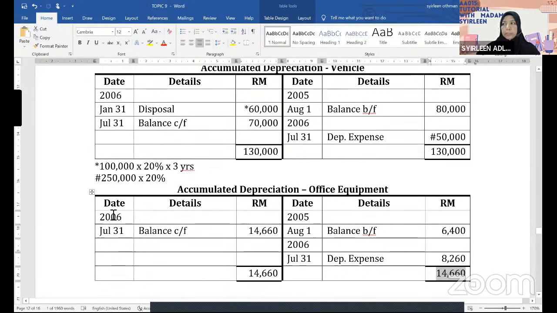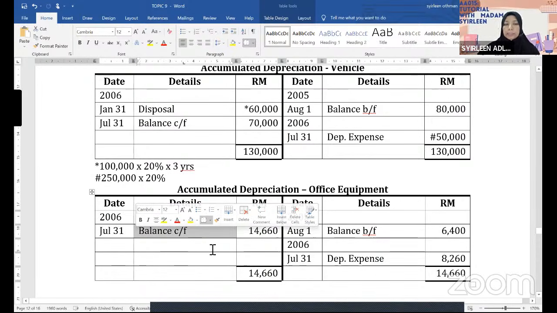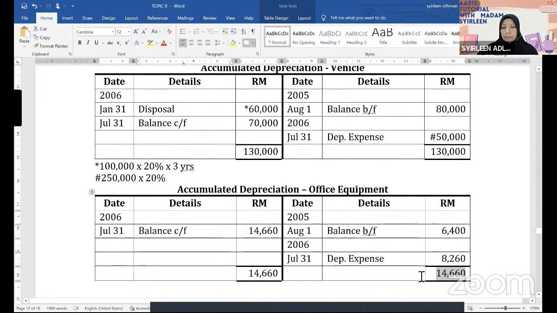Sebelah debit actually tak ada apa-apa transaction. Just catat pada 31st July 2006 your balance carry forward, which is the same amount as this lah, 14,660. Okay, so that's how you do the ledgers for question 10.